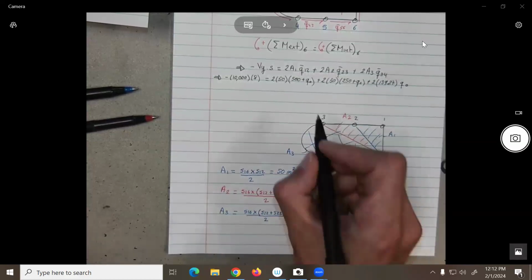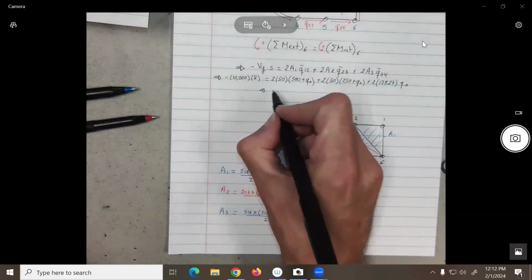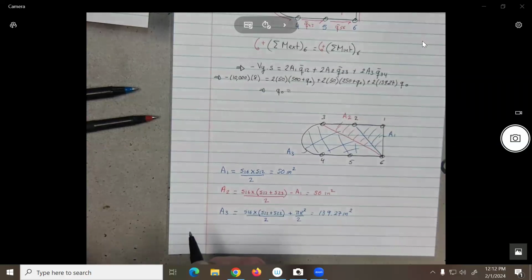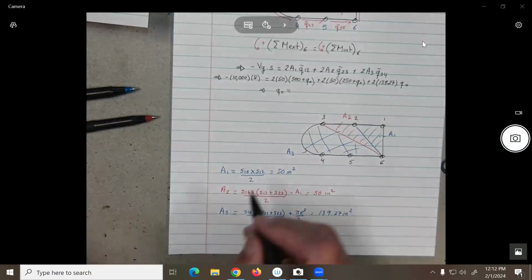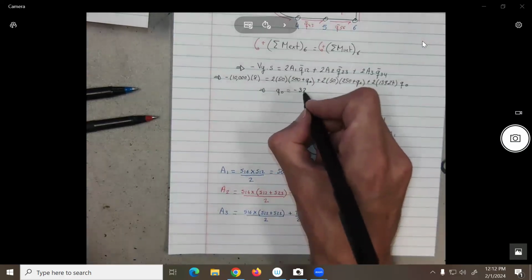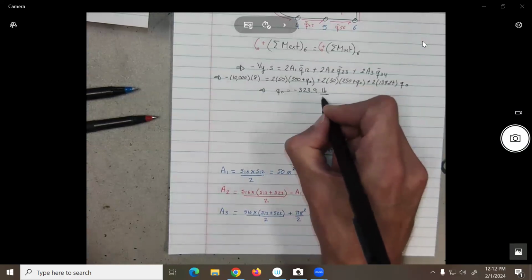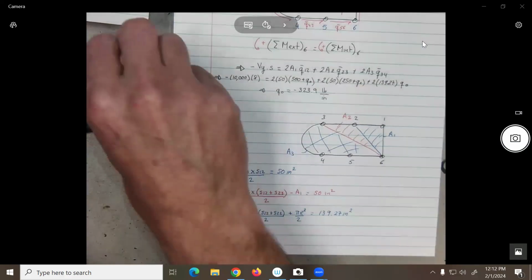Q naught. So basically, again, here what you have, the only unknown is what? Q naught. And if we solve, we should get, here, what do we get before? Minus 323.9 pound per inch.